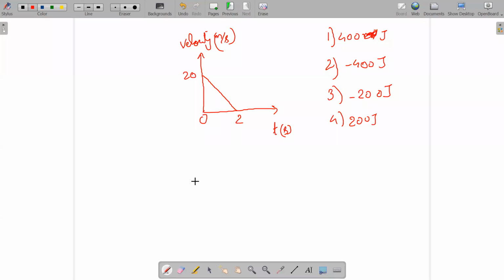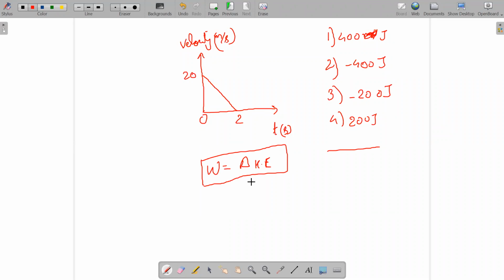In these questions, you need to understand that the work done is the change in kinetic energy, because there is no mention of a change in potential energy and no dissipative force is mentioned. The body is moving in a straight line, so work done is the change in kinetic energy. If there is a change in kinetic energy of the particle, then work is being done.